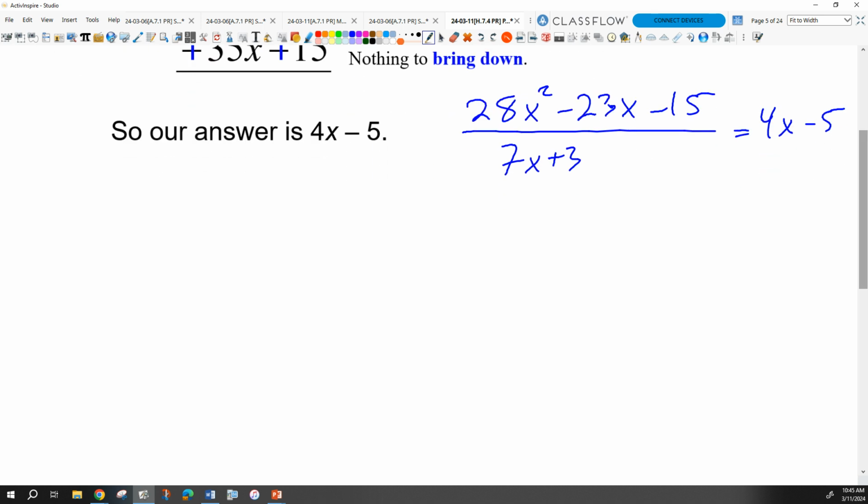Okay, that's the same thing as 4x minus 5 over 1, right?